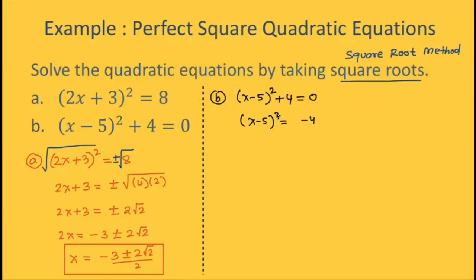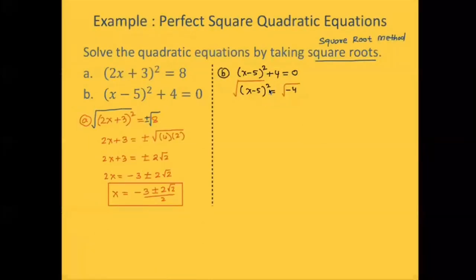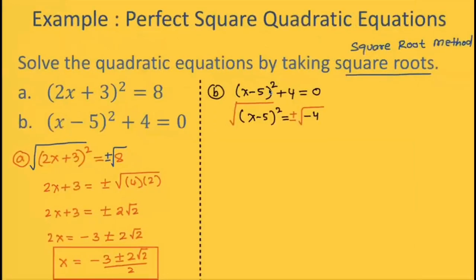And to remove that square, you take the square root now. Take the square root, and since we are solving a quadratic equation and we want to get two values, we take plus or minus. Okay, now let's simplify further.